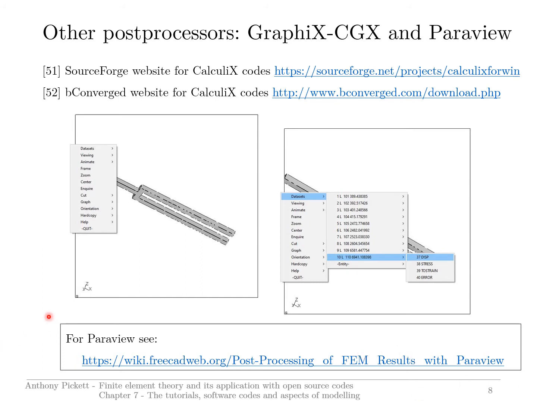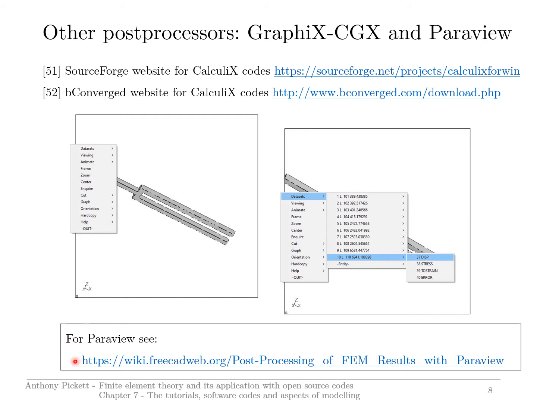There is another alternative, which is using ParaView. Now, ParaView is an open source post-processing code. You can download it from its website; you'll have to Google it and find it. It's not difficult.